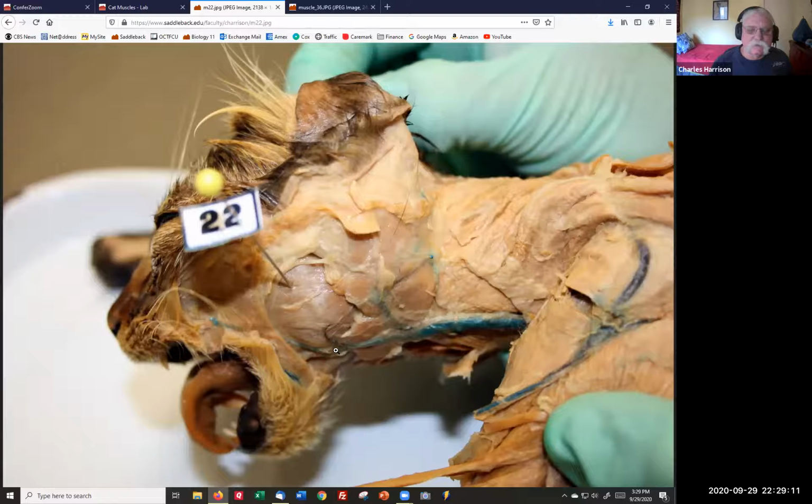Okay. Here's the cat's masseter. Instead of being a strap-like muscle, it's a rounded, almost ball-shaped muscle.